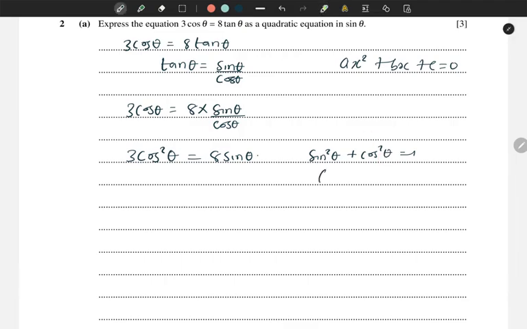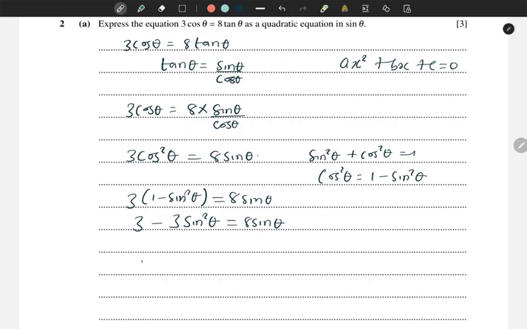So by implication, cos squared theta becomes 1 minus sine squared theta. We can now make substitution for that here. That's going to be 3 in brackets 1 minus sine squared theta, equals 8 sine theta. So expand the bracket: this is 3 minus 3 sine squared theta equals 8 sine theta.